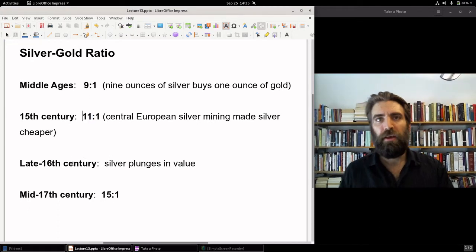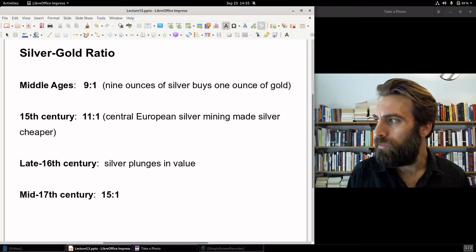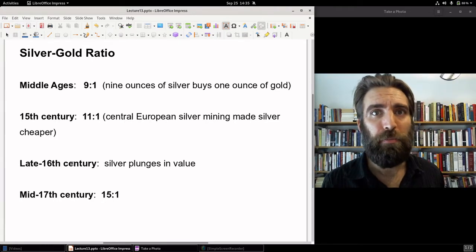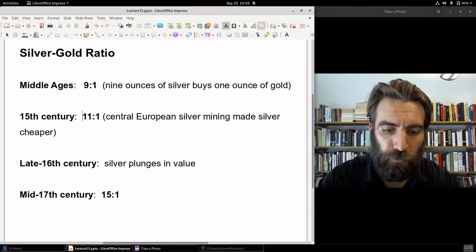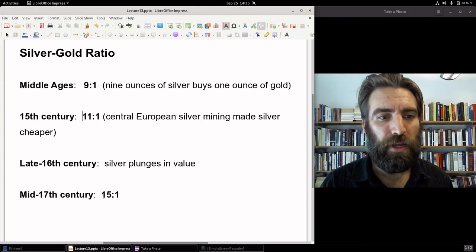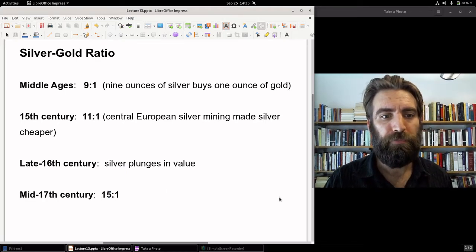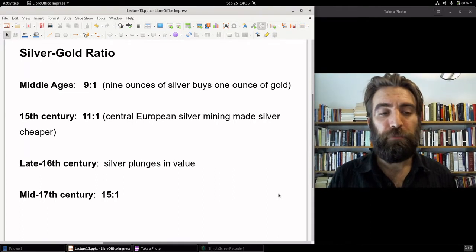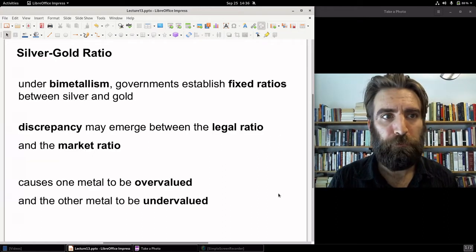Then, in the 16th century, as you recall, all of these new silver discoveries in the Americas, at Potosi, also the Iwami mines in Japan, silver drastically fell in value relative to gold, so that by the mid-17th century, you needed 15 ounces of silver to buy 1 ounce of gold. In short, again, the ratio between silver and gold fluctuates throughout history and sometimes in very dramatic ways.